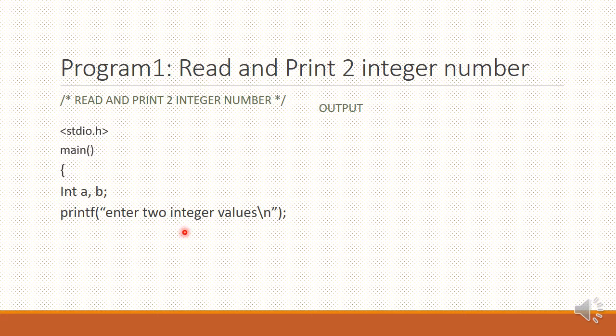Whenever you give the input, next you get the output. That is why, for better understanding, I have written it here. Without this also the program will work, but you will get a blank screen after executing the program, and you will not be able to understand what to do. So printing the message is a good habit.